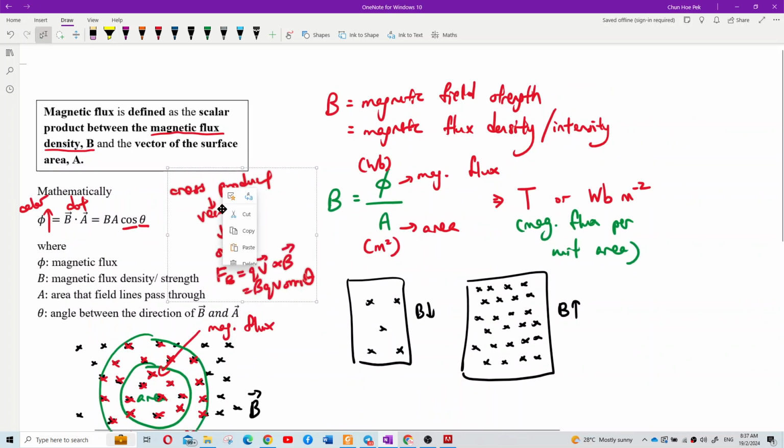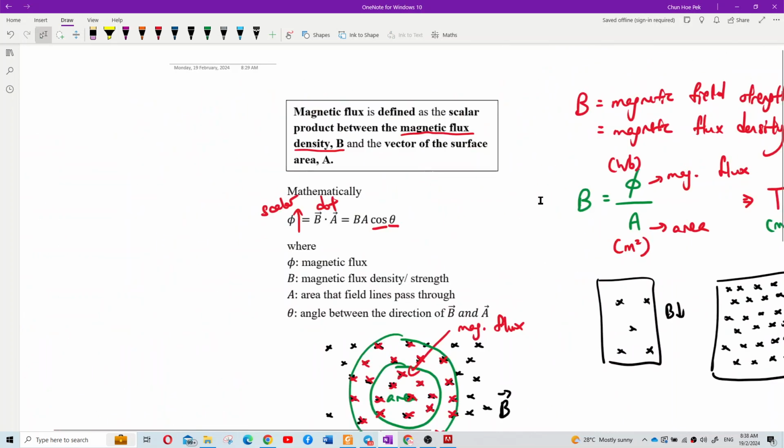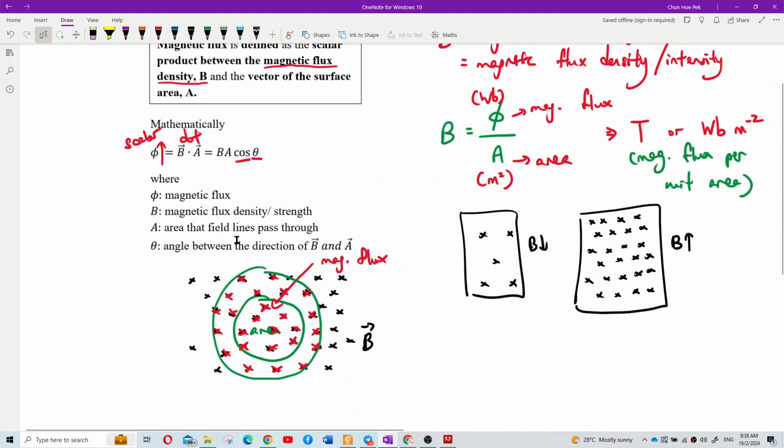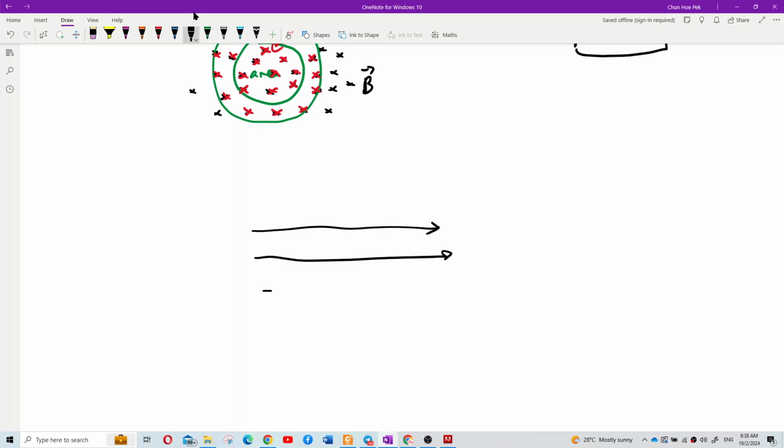So this is the thing we learned before in the last chapter. Now this theta is the angle between B and A, the magnetic field and the area. Let me explain what the direction of B and the direction of A are. Just a general example: this is the direction of magnetic field, given by a north pole.